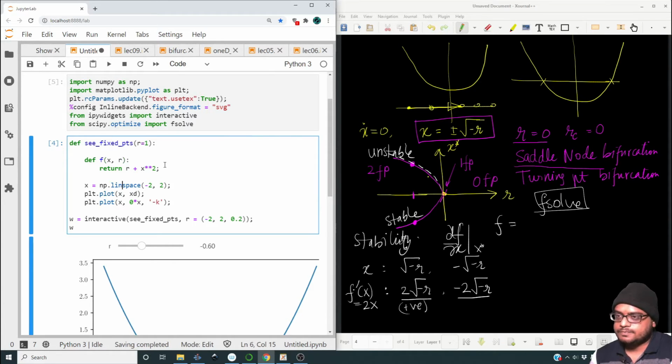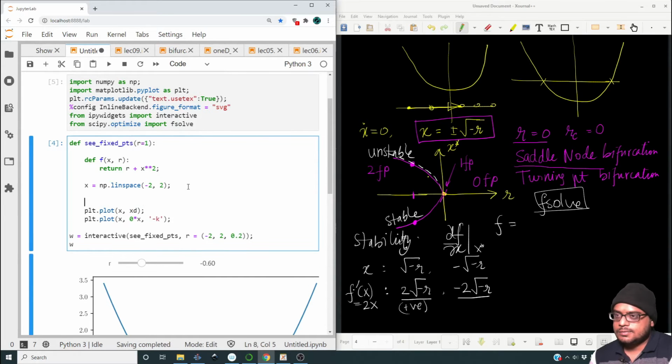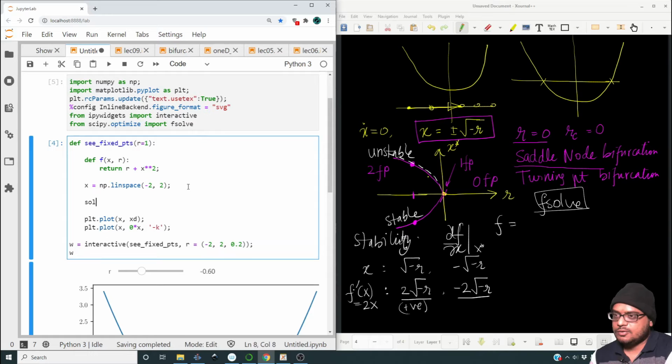All right, so once we have this, let us say sol is equal to fsolve, the function handle f, the guess value.